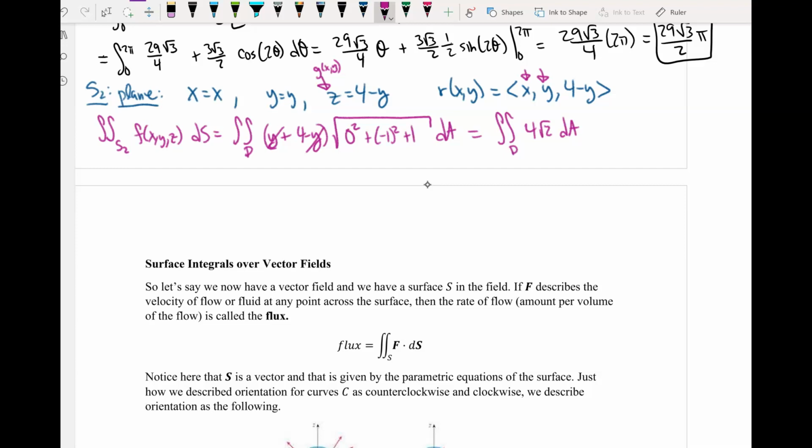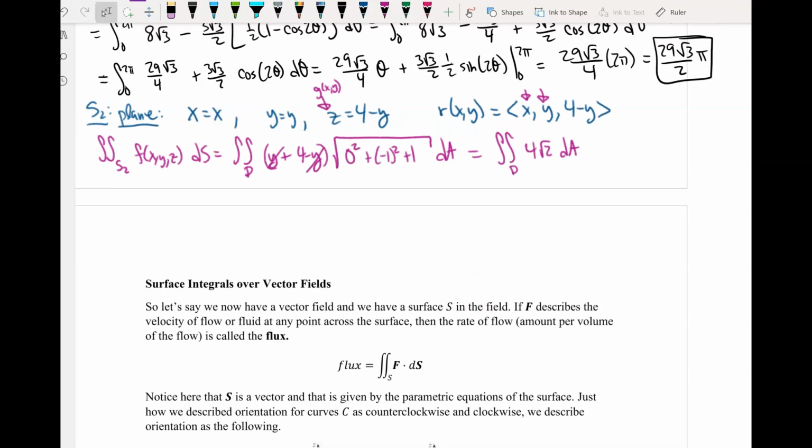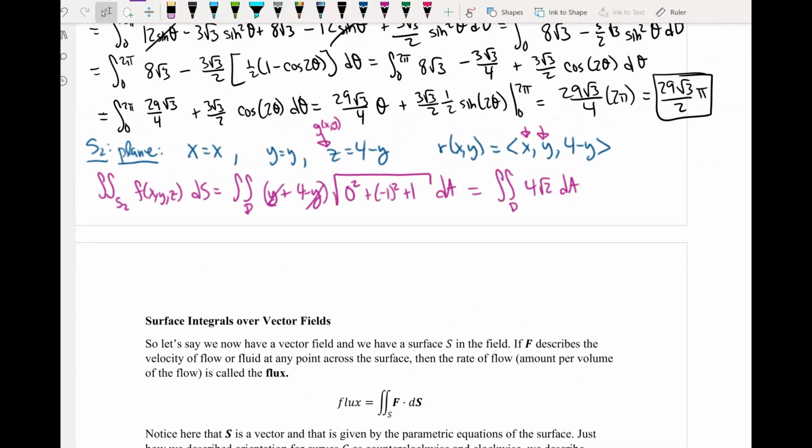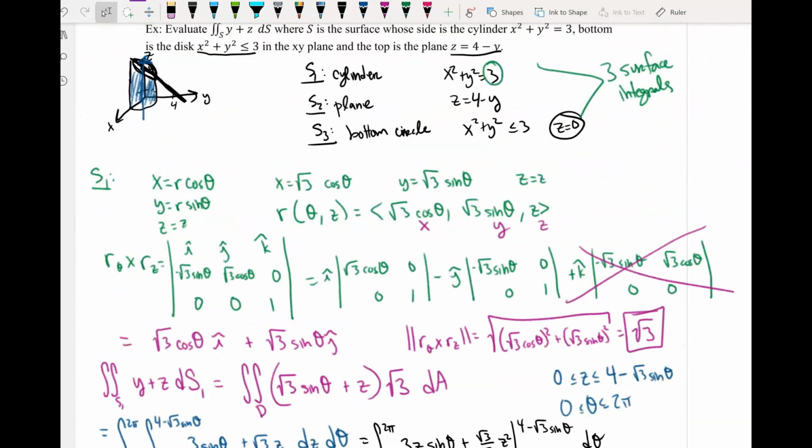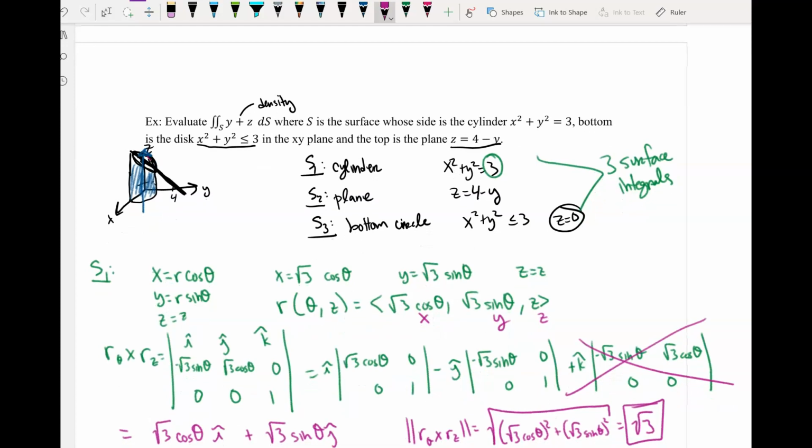Okay, and now we've got to think about what exactly is going to be my limits of integration. So let's look at the region, and this is with respect to x and y. The region of this plane is going to be this circular part. If you go down, that's just a circle, right?